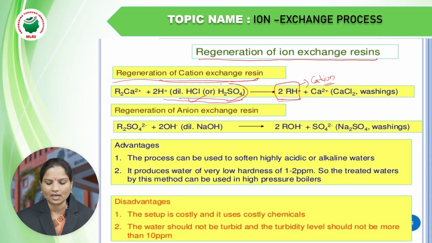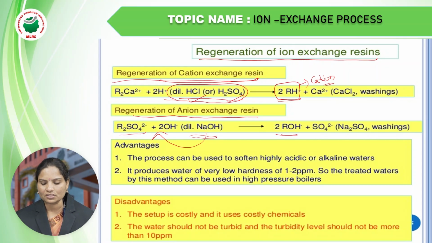And anion exchange resins are regenerated by the addition of bases or alkalis like sodium hydroxide. The sodium hydroxide interacts with the resin-bound anions to produce the anion exchange resin again. These are the regeneration processes of the cation and anion exchange resins.